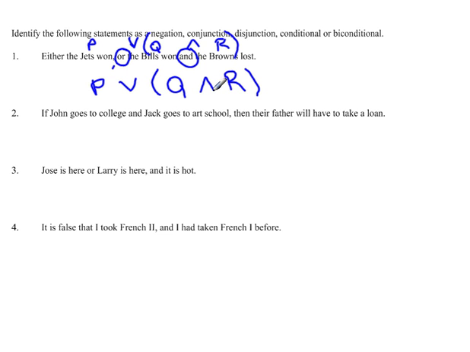Remember that they have equal dominance, so we are required to have the parentheses in order to identify which one is more dominant. That makes the disjunction outside the parentheses the most dominant, and this statement is then a disjunction.